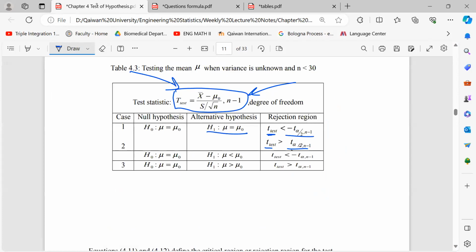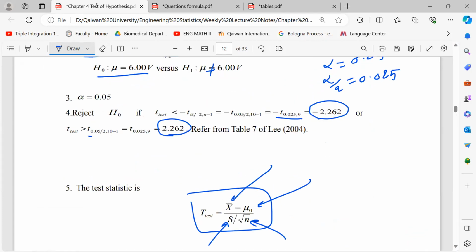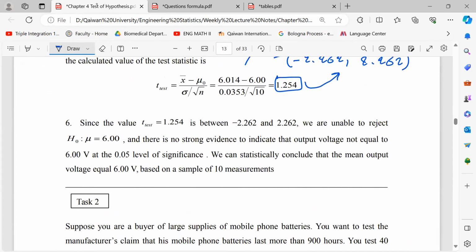In that example, none of those two conditions is obtained. So we say, since the value of this one is between these two, we are unable to reject H naught. Okay, and there is no strong evidence that the output is not equal to 6.